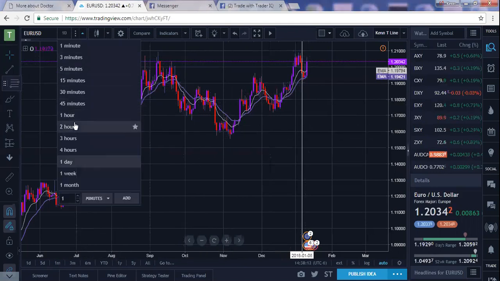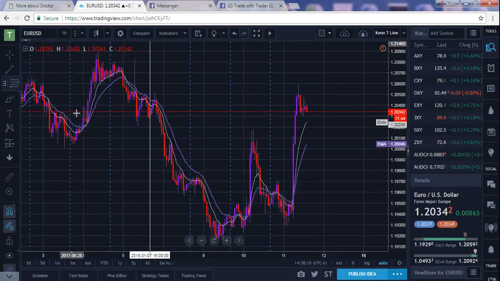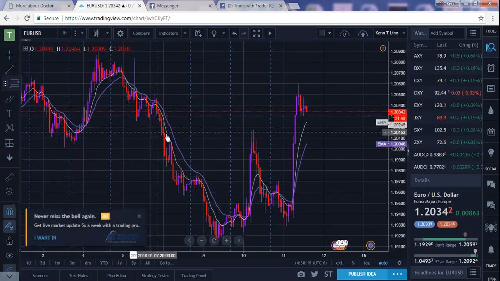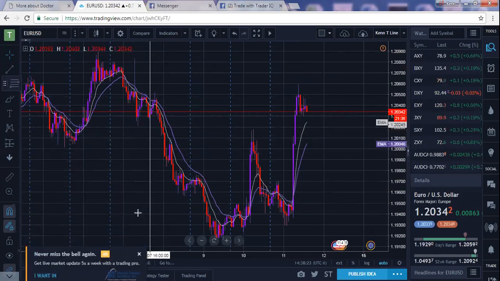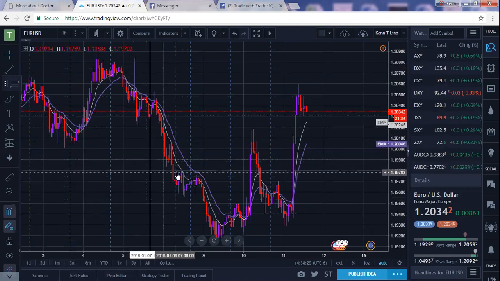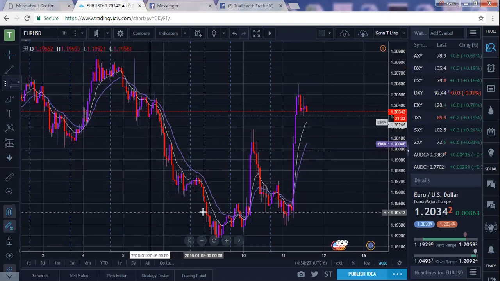We're going to go down to the 1 hour at this point. And here's that line delineating the difference between Friday and Monday's trading. As you can see, we had a nice sharp move down Monday and Tuesday.